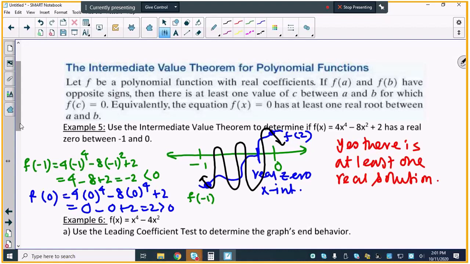This is also a polynomial function, and see, in this situation you have 1, 2, 3, 4, 5, at least 5 real solutions, 5 real x-intercepts between -1 and 0. So the intermediate value theorem doesn't tell you exactly how many solutions you're going to have. It just tells you that you will have at least one real solution. Again, it talks about real solutions, the existence of them between two real numbers if the value of the function evaluated at these two given real numbers are of different signs.